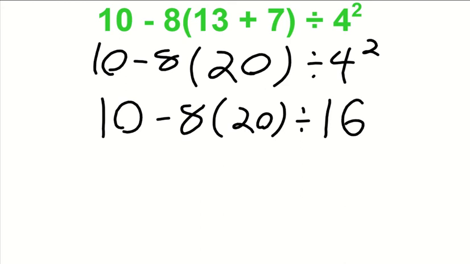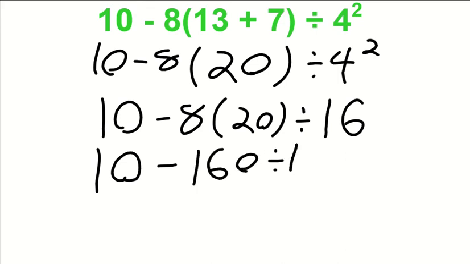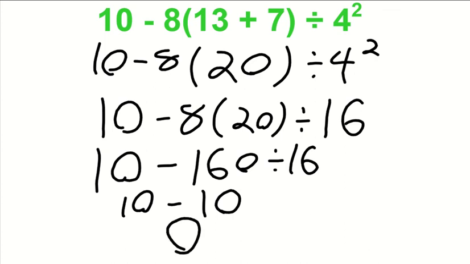All right, now we do multiplication and division from left to right. So I've got 10 minus, I'll do the multiplication there, that's 160. Then we would have divided by 16. 160 divided by 16 is 10. 10 minus 10, that would give me 0. So that was the second example there on page 110, B. All right, we follow? It's just a matter of going through those steps, okay?